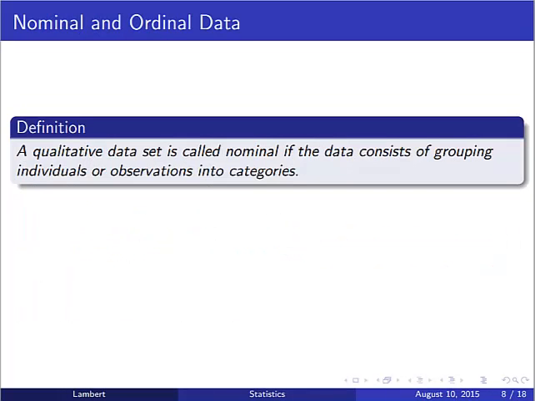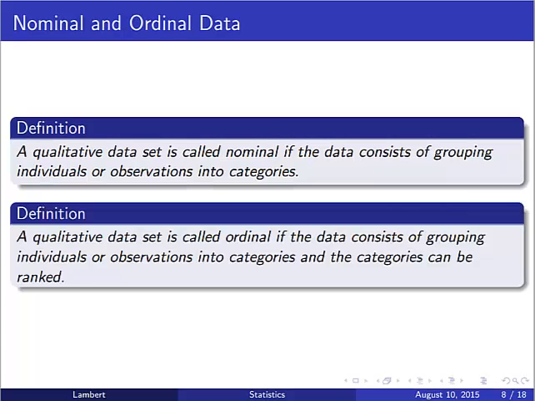So moving forward, with qualitative, there's some other things that we have. You have nominal data if you have grouping of observations into categories. But now ordinal, you're still grouping them into categories, but those categories can be ranked.